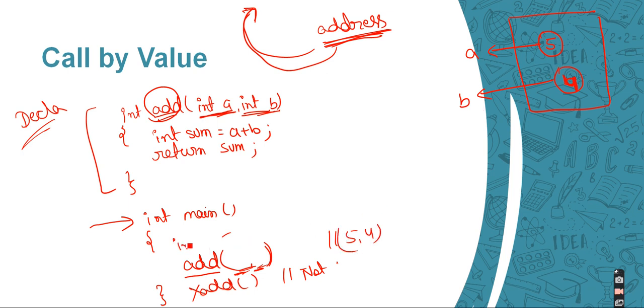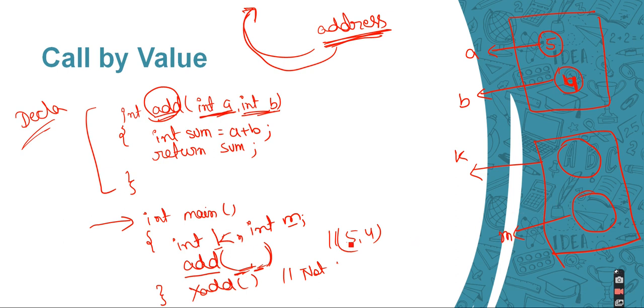Let's suppose I have created variables called int k and int m, and I want this k and m to be passed to this function. In that case, what will happen? We have in our memory a separate location for k and a separate location for m, right?